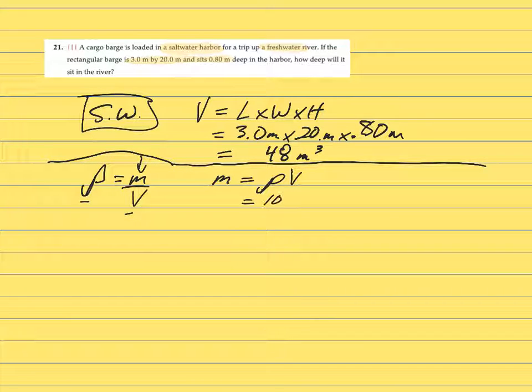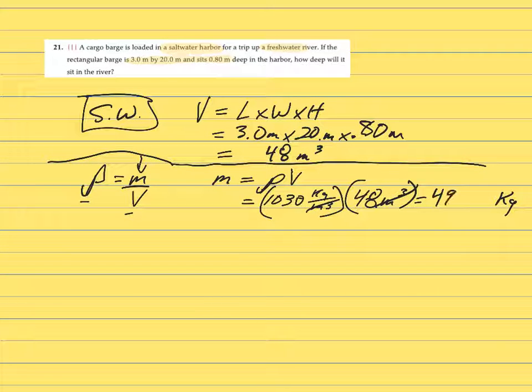The density of salt water is 1030 kg per m cubed. Volume, we just played that silly game, m cubed, but by m cubed, hello, kilograms. And 1030 times 48 is 49,440 kilograms for mass.